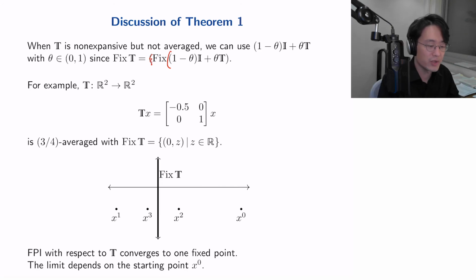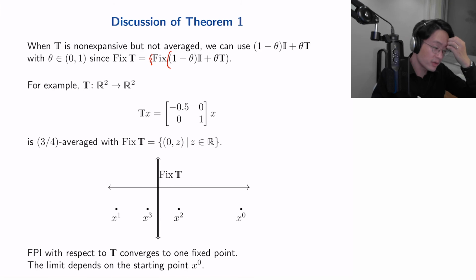So by performing averaging ourselves, we retain the same set of fixed points, but now the operator, which used to be merely non-expansive, now becomes an averaged operator, and therefore the convergence guarantee of Theorem 1 applies. We don't incur any additional computational cost when we implement the algorithm. So by performing averaging, we basically get a convergence guarantee when the operator is non-expansive without paying any cost.